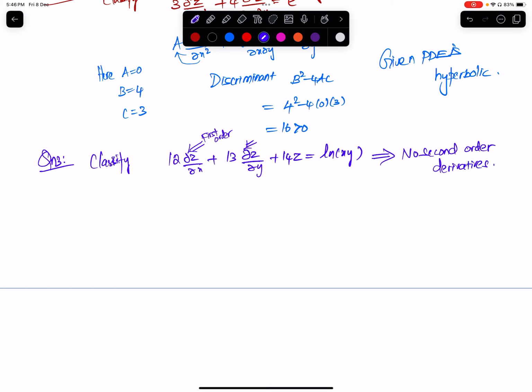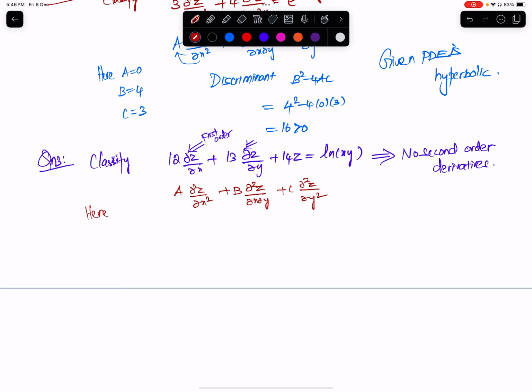If there are no second order derivatives, then, because the values of A, B, C are picked from the second order derivatives, and here there is no second order, what is the value of A, B, C?